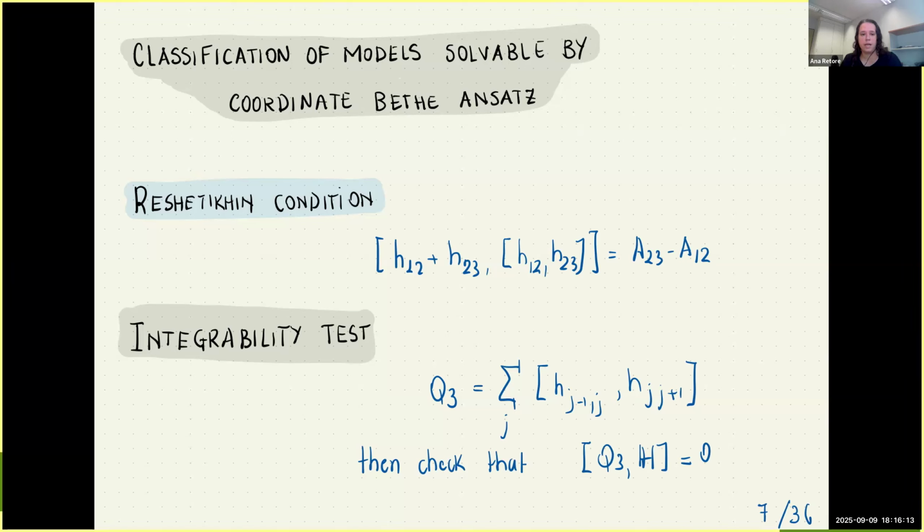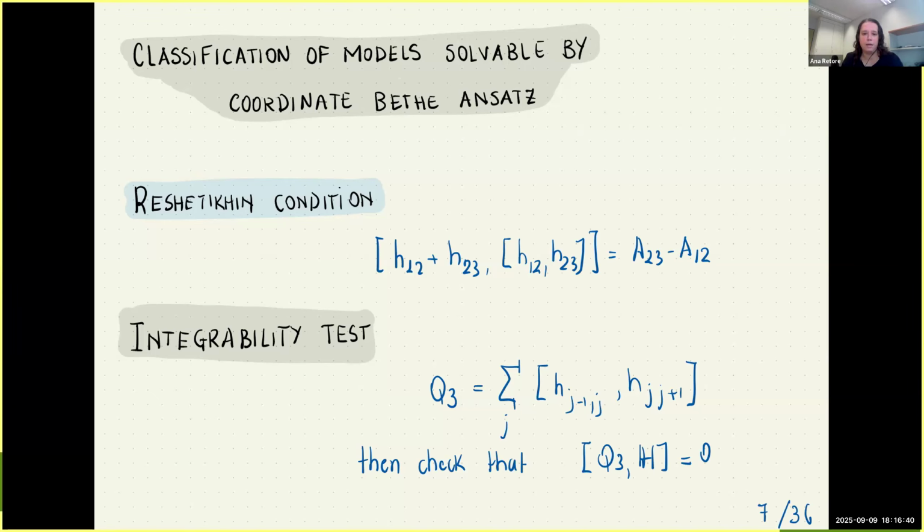And we have also the integrability test, that I believe was mentioned by Balázs yesterday, where if you have a Q3 written like this, you can check that if this charge commutes with the Hamiltonian, your model is probably integrable as well.